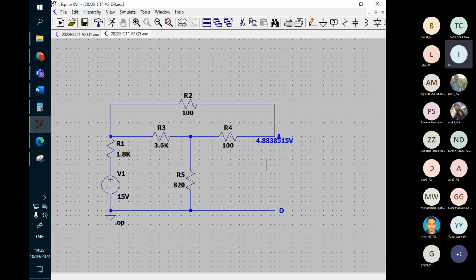Remember, this is Norton's theorem, where there's no Norton voltage. We have Norton current only. So is 4.88 valid or not? Wait a minute.